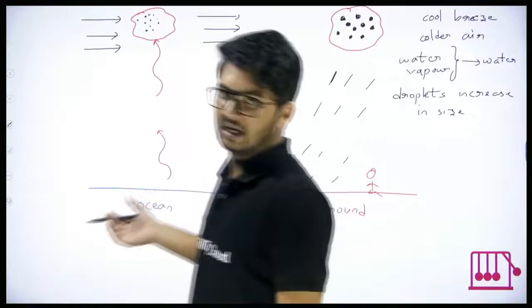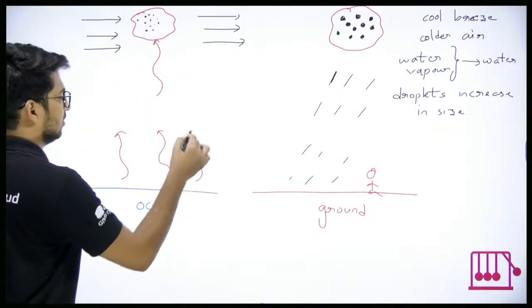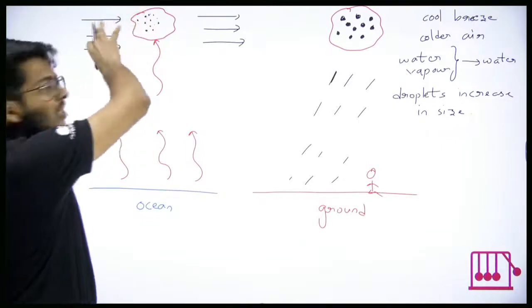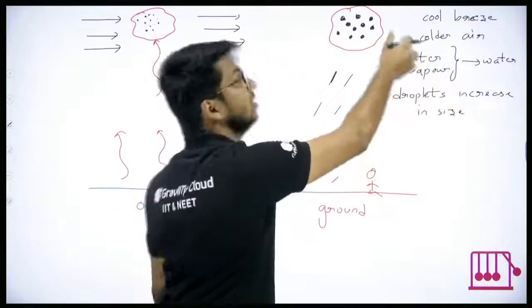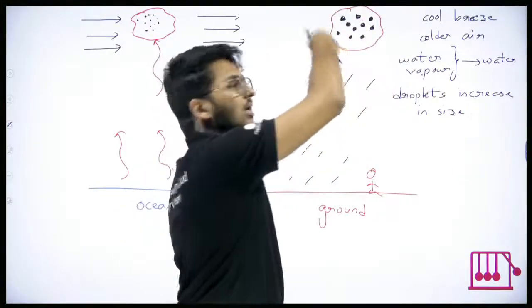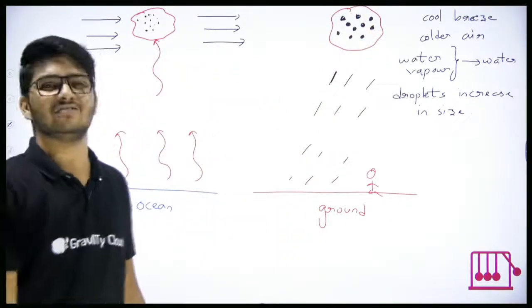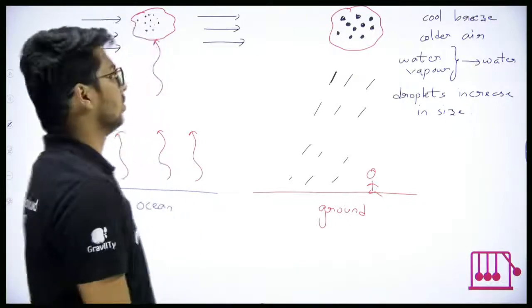Water is evaporating. It goes up. It condenses and forms clouds. Clouds are carried by wind. They go into a colder region. The size of water droplets increases and it falls down as rain. Is that clear? Good.